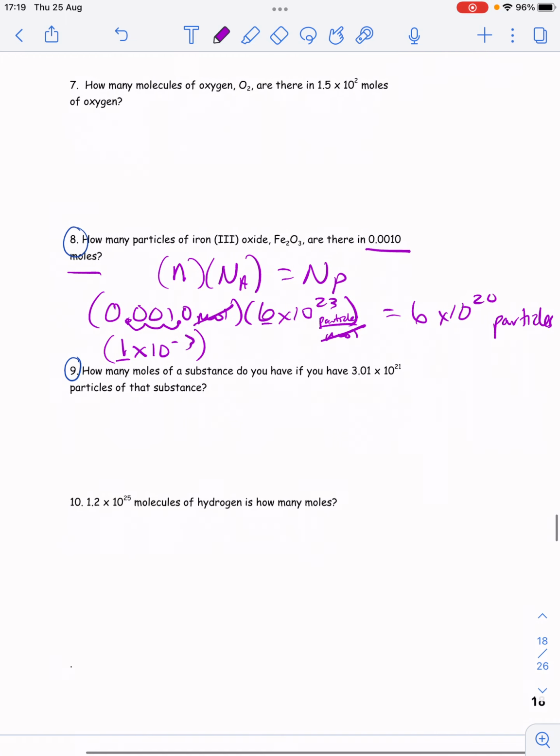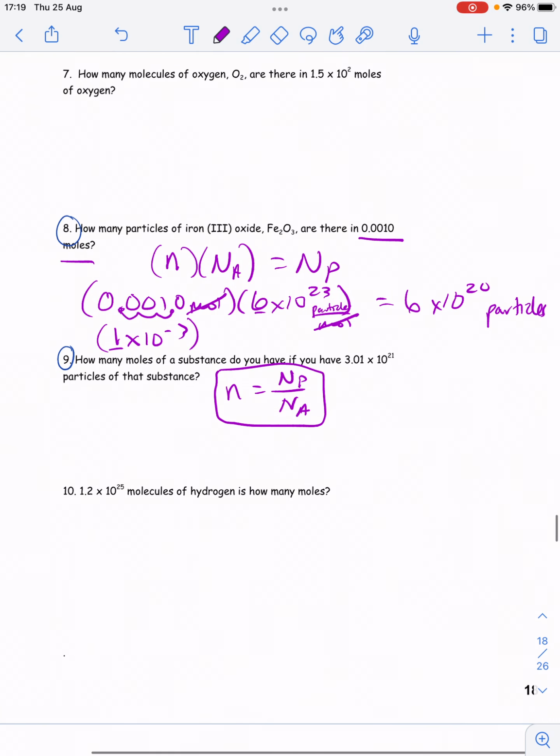The next question does it in reverse. If I want to know the moles of a substance, I need to do Np divided by Na, number of particles divided by Avogadro's number. Okay, so I've got 3.01 times 10 to the 21 particles.